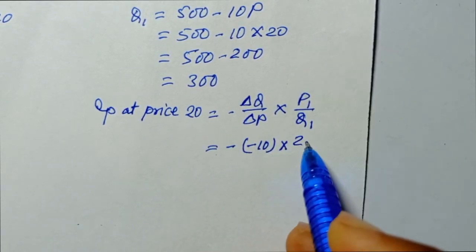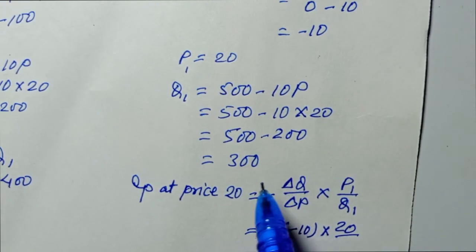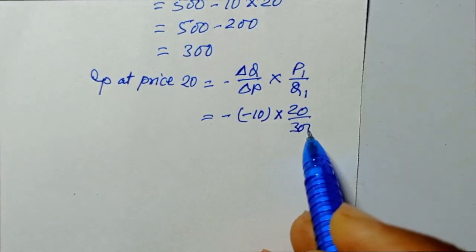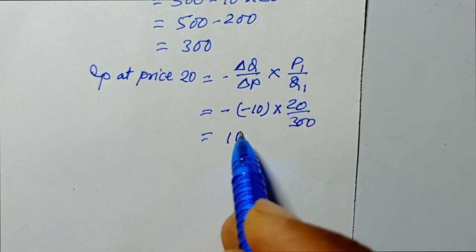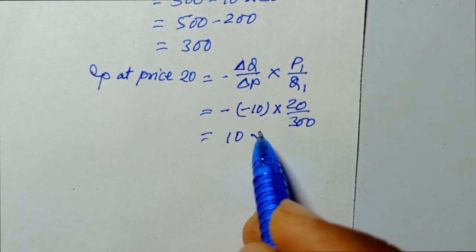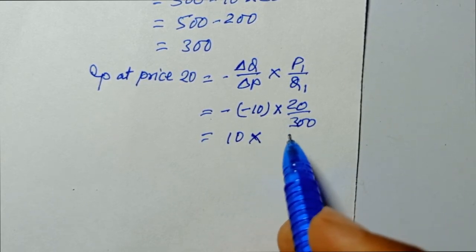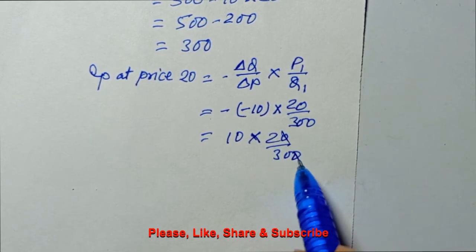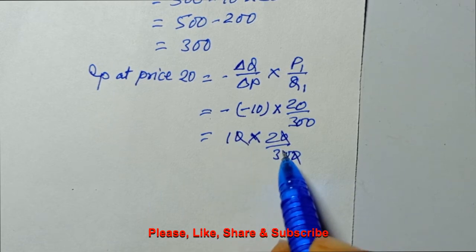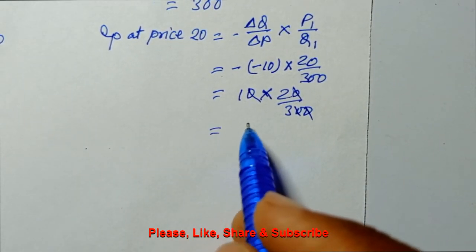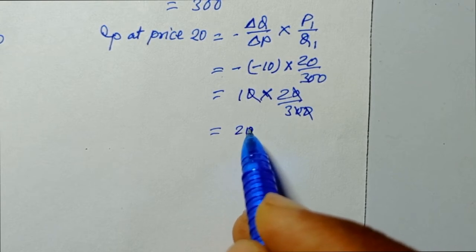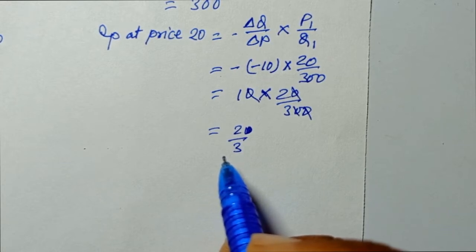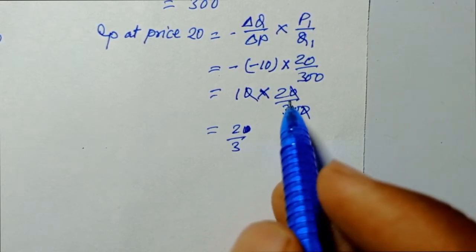That is why this one is the initial price, and the initial quantity we have calculated here, which is equal to 300, and this 300 should be written here. And this one is 10 into 20 by 300, and you should strike it out this way, and it is equal to 2 by 3.